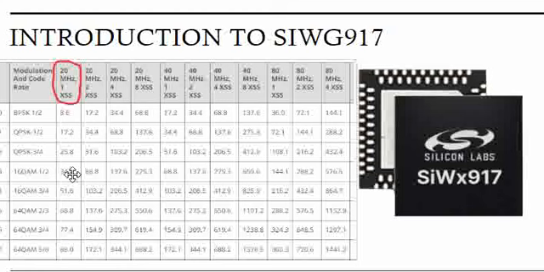Based on the spatial streams, other chips in the market might support more, but SI917 supports 1x1 stream, single stream, and with 20 MHz spacing. So that's the support that SI917 has.